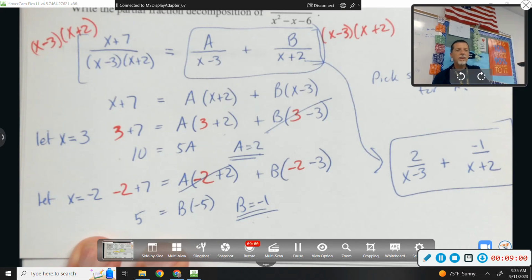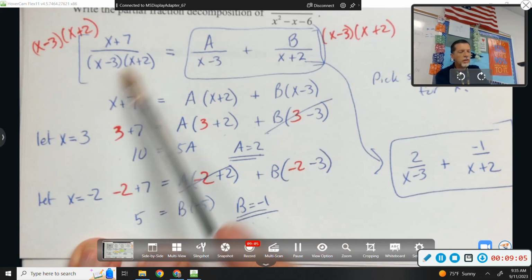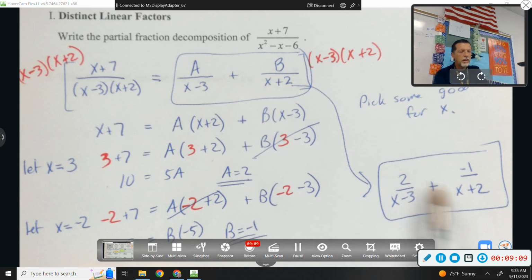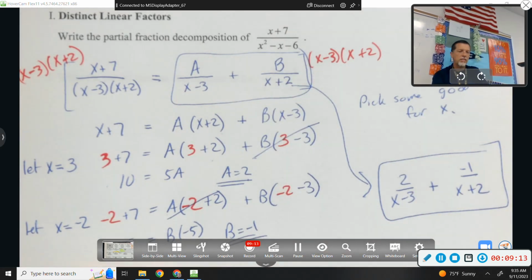And again, the point is, in calculus, it's hard to work with the original. It's a lot easier to work with the pieces. So we decomposed this whole fraction into some partial fractions.